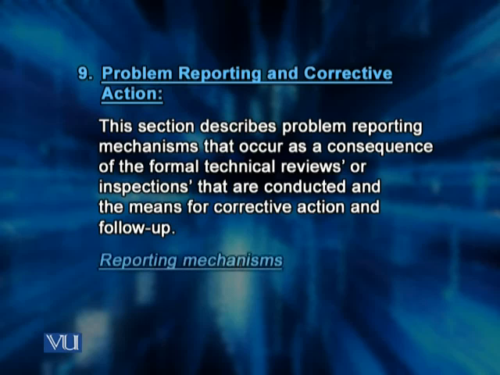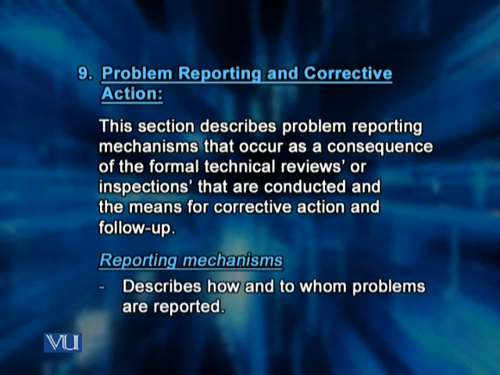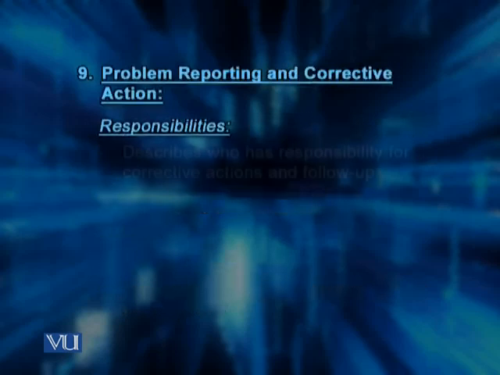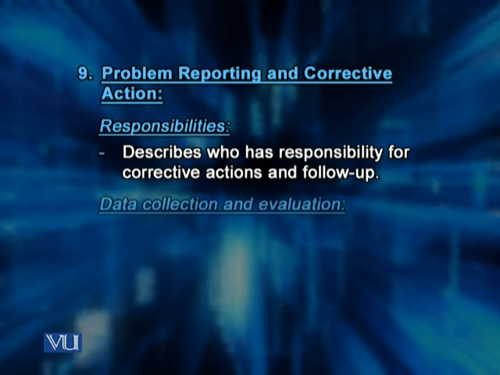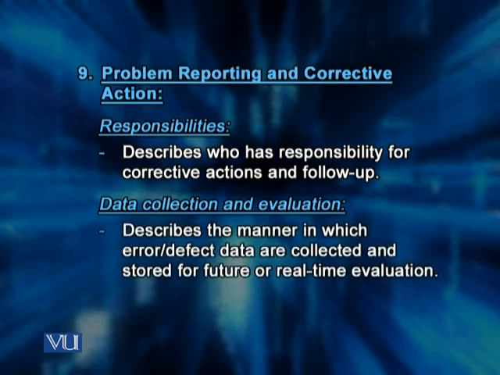Reporting mechanism describes how and to whom problems are reported and escalated. Then there's a subsection titled Responsibilities, which describes who has responsibility for corrective actions and follow-up. Then there is data collection and evaluation, which describes the manner in which error or defect data are collected and stored for future real-time evaluation.